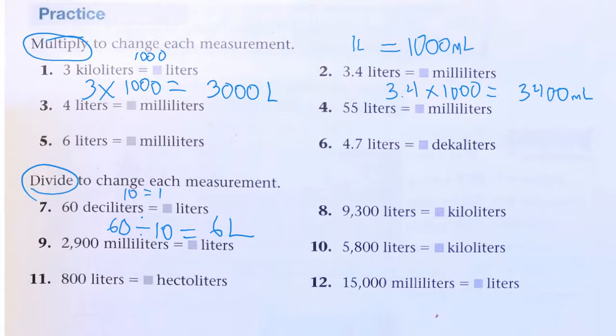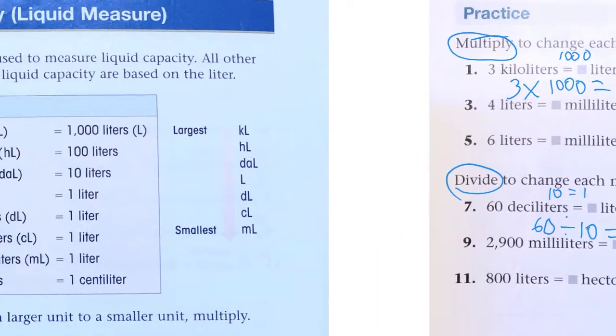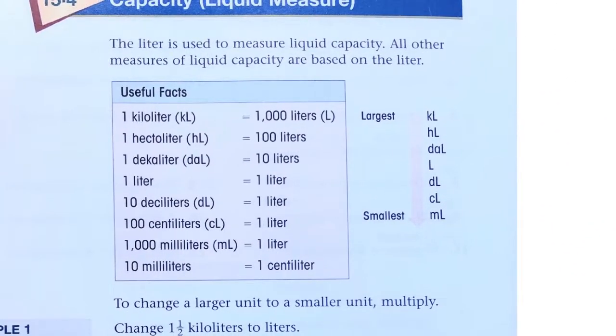Liters to kiloliters. So a kiloliter is 1,000. Always you can check the table if you're not sure. It takes 1,000 liters to make 1 kiloliter.